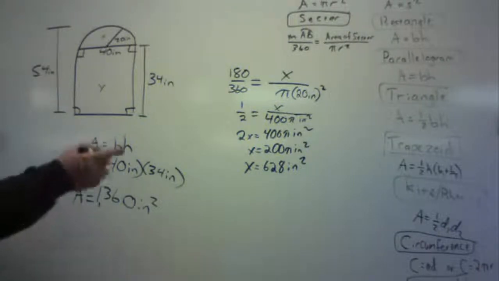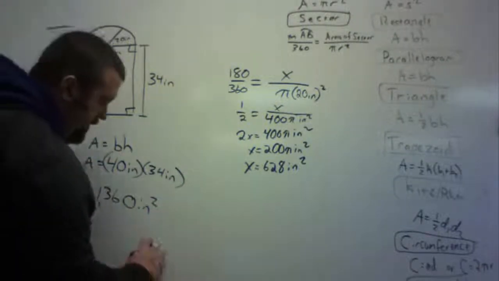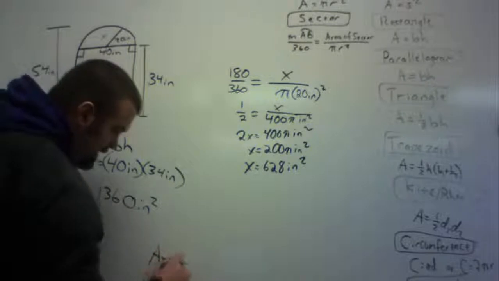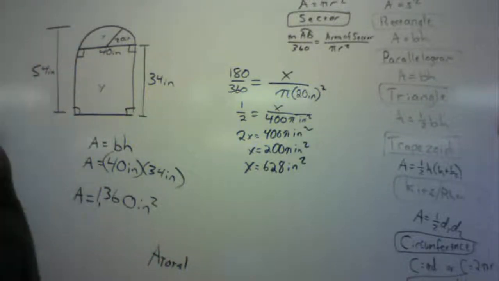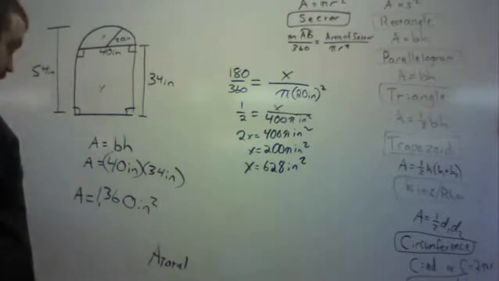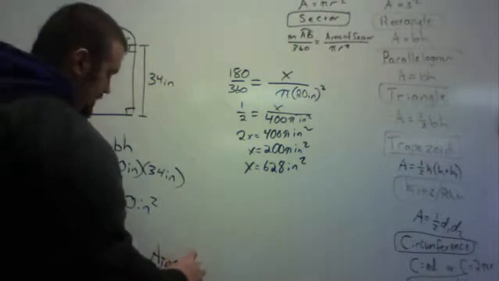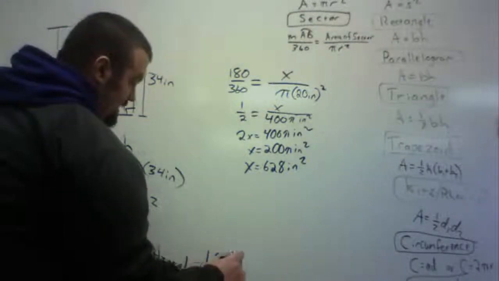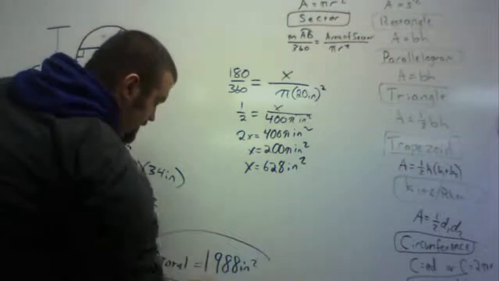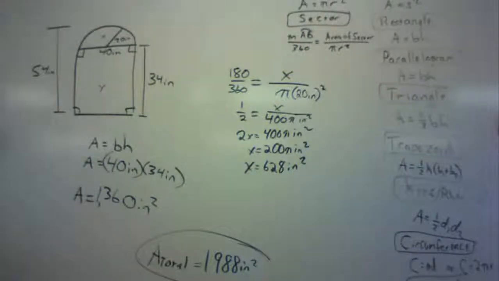So the total area that I'm looking for has to be those two combined, 1,360 plus 628. So this is going to be real close to 1,988 inches squared. Or real close to 2,000 inches squared.